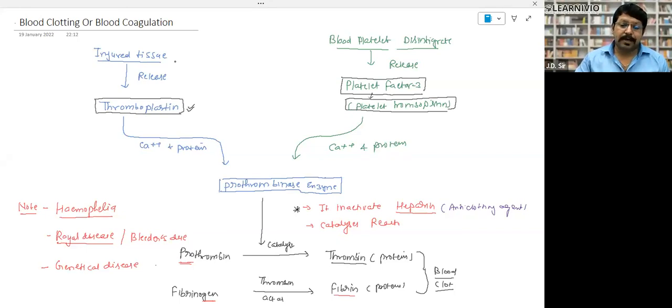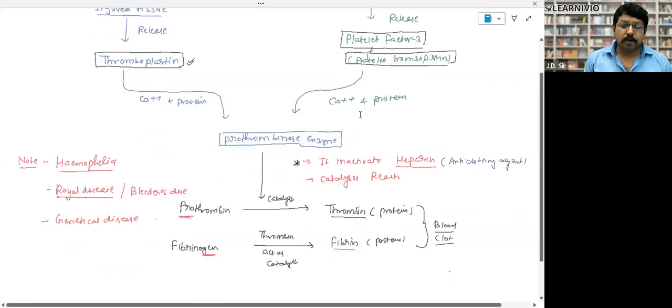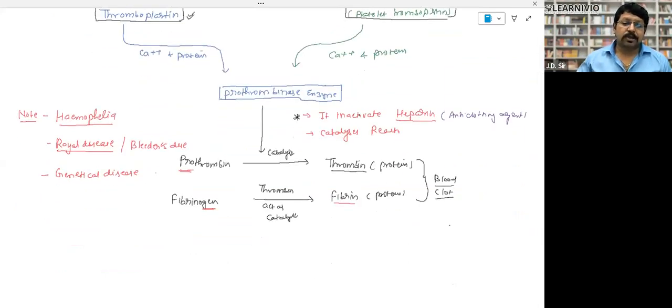Platelet thromboplastin and thromboplastin react in the presence of calcium and protein, and they produce the prothrombinase enzyme. What is the function of the prothrombinase enzyme? First, it inactivates heparin, which is the anti-clotting agent, and it catalyzes a reaction: it converts prothrombin into thrombin protein.